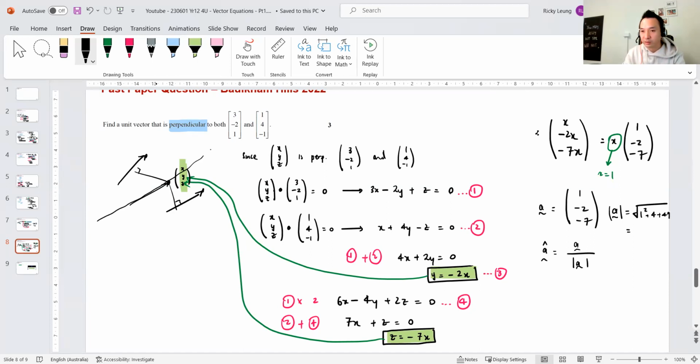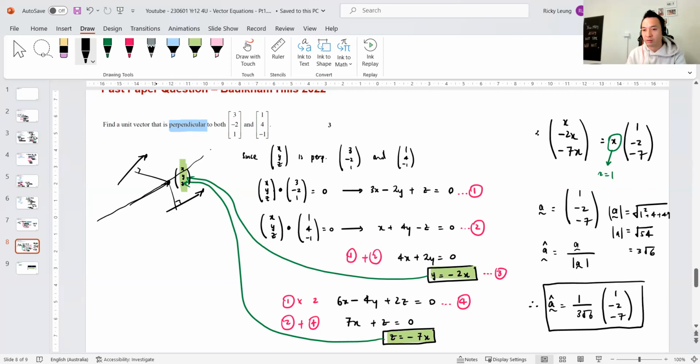What's that, guys? 54, is it? 54. Yeah, once I get that, therefore, does that simplify? 9, that's 3 root 6, yes, cool. So therefore, the unit vector that is perpendicular would be 1 divided by 3 root 6 of the vector 1, -2, -7.